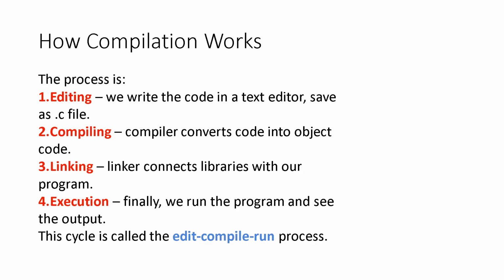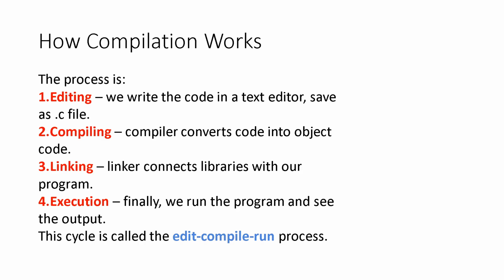Linking. The linker connects the object code with necessary library files, such as stdio.h. Execution. Finally, the program runs and displays the output. This cycle is often called the edit, compile, run process. It is very important because every program we write will go through these steps before producing the final output.